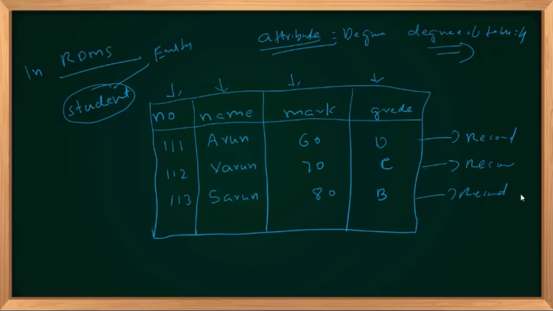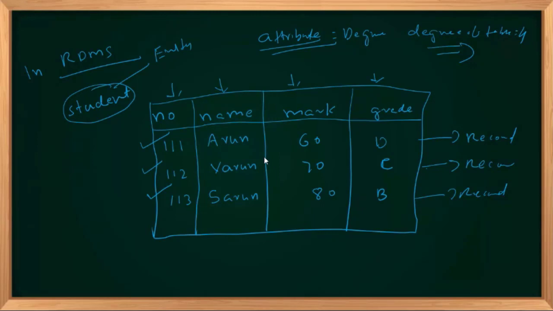The row value in a table is called a record, or interrelated data among entities is known as a record. Here 3 records are there.